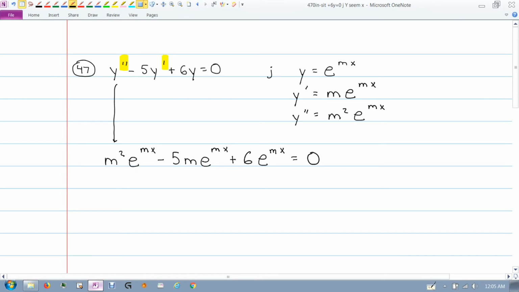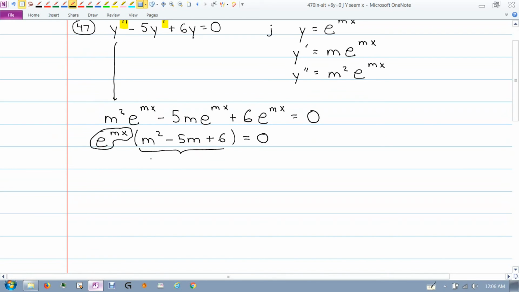In order to be a solution, this equation needs to equal 0. We can easily factor out an e to the mx, and when we do that, we're left with m squared minus 5m plus 6 equals 0.